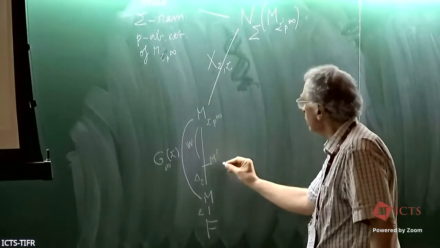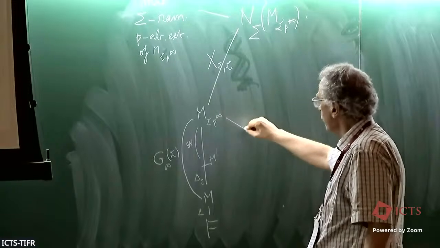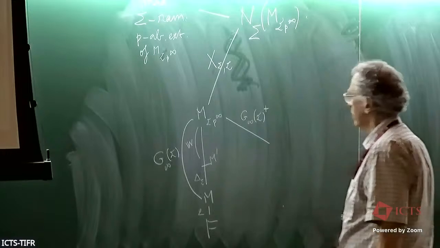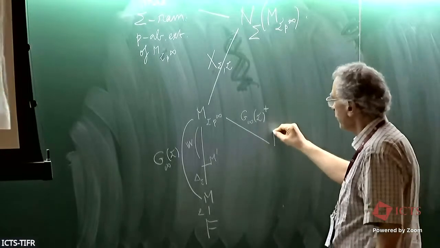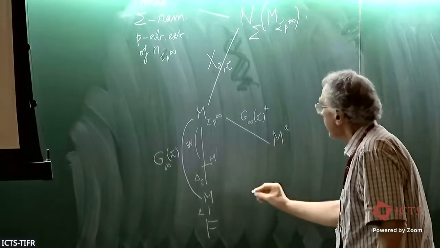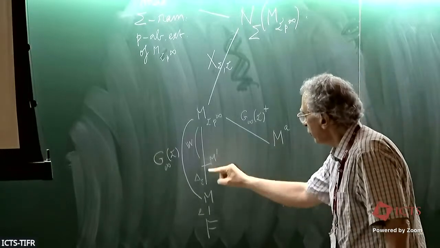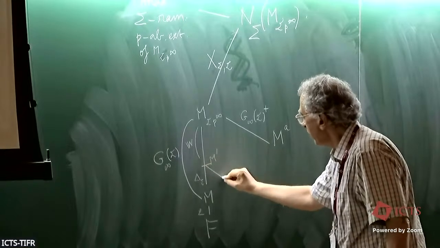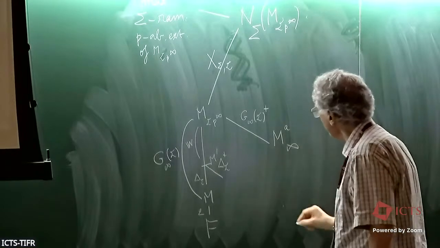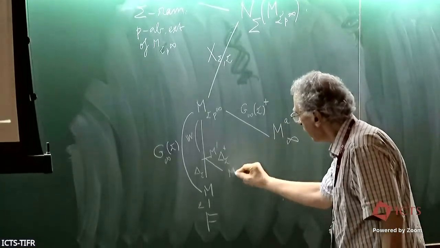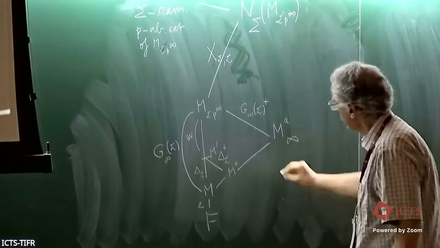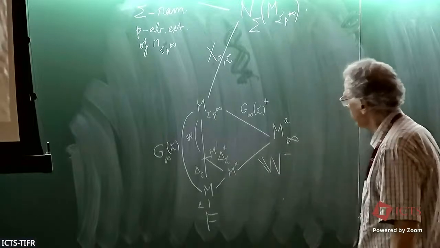Now you consider the invariance by G infinity C plus. So you get a field which I call M anticyclotomic. And you take the subfield fixed by delta C plus. This one is M infinity anticyclotomic. Here you get M anticyclotomic, a finite extension of M, and this has Galois group W minus.